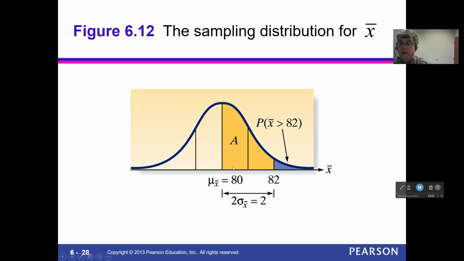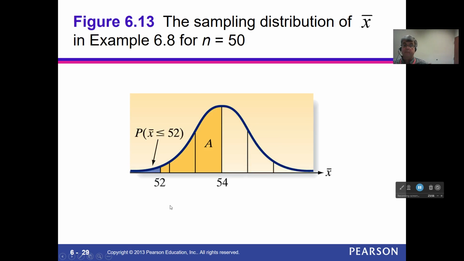Because remember, about 95% of all sample means will fall within plus or minus 2 standard deviations from the empirical rule. We're going to use something called a Z statistic for a normal distribution and a T where we don't know the distribution later on. But let's just stick with this for now.